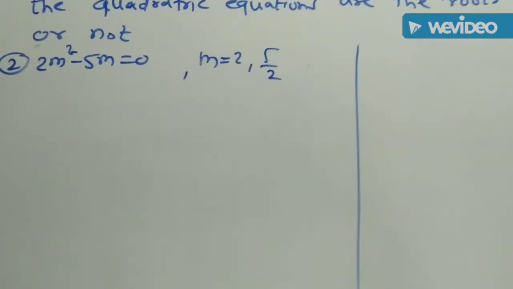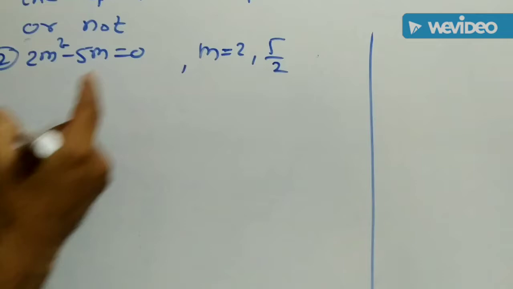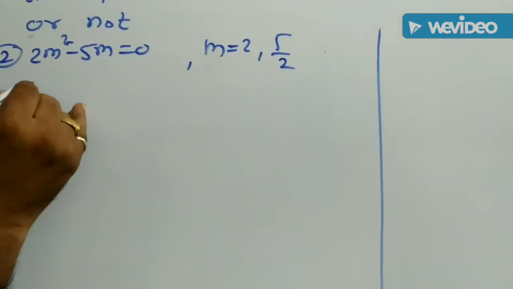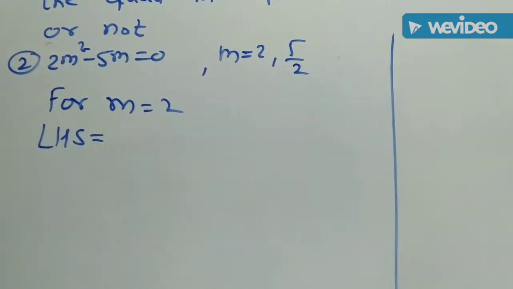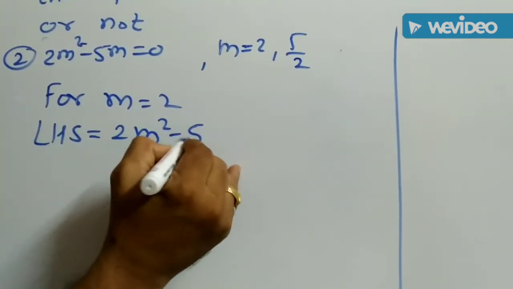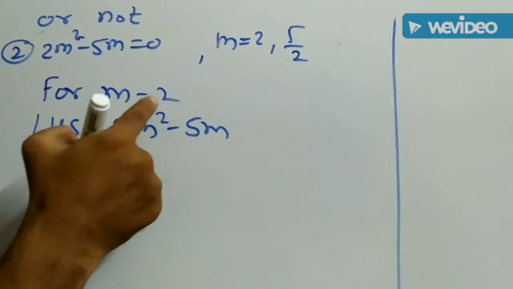Second example is 2m² − 5m = 0, and two values of m are given. Firstly we take m = 2. Again we take LHS: 2m² − 5m.